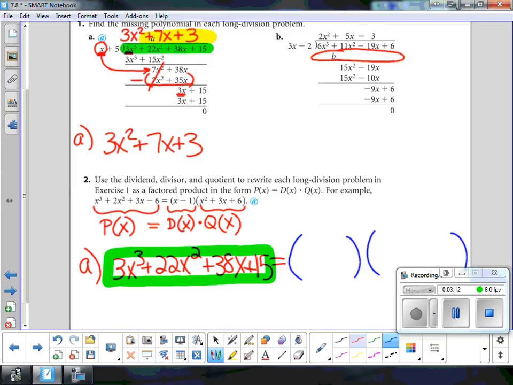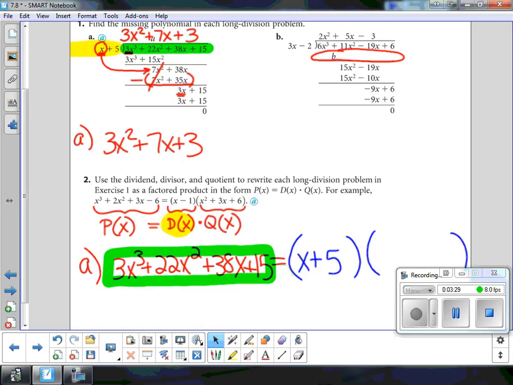Okay, so that's the polynomial p of x. The d of x is going to come from the divisor that you see out here, the x plus 5. So the x plus 5 would be the divisor on the outside.